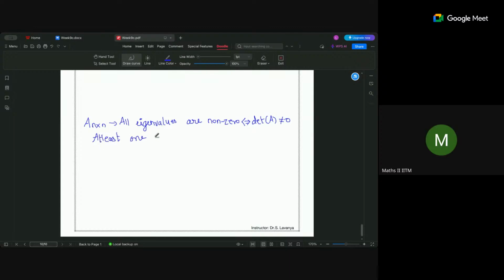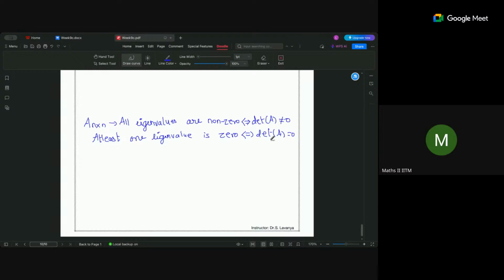The other way to write the same statement: at least one eigenvalue is 0 if and only if determinant of A is 0, correct? So this is the relationship between eigenvalue and determinant.